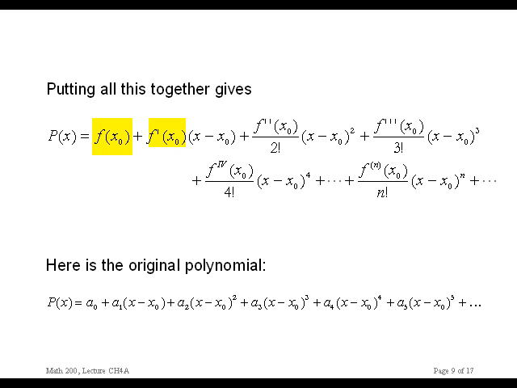The second coefficient is the second derivative of the function divided by 2 factorial times x minus x naught squared. The third coefficient is the third derivative of the function divided by 3 factorial times x minus x naught cubed. A very nice pattern. So the nth term is the nth derivative of the function divided by n factorial times x minus x naught to the n. Once you see that, it's pretty hard to mess it up.